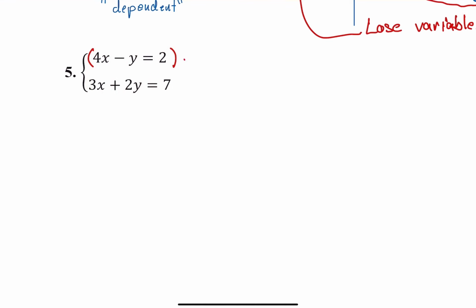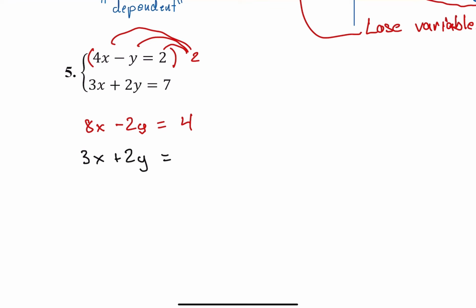So all I need to do is multiply everything up top by 2. So this is 8x minus 2y equal to 4. And then the second equation is 3x plus 2y is equal to 7.